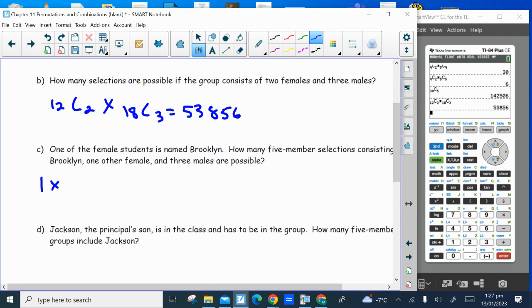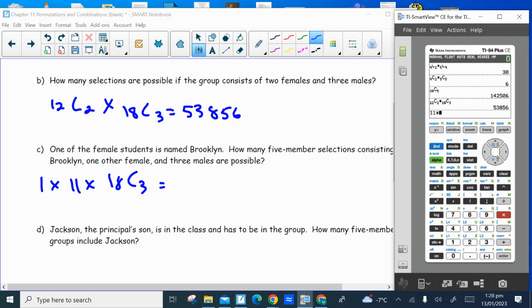We need 1 other, so that would be 11 choices for the remaining female. And then we're going to have the 3 males, which again is 18C3. So the answer to this one will just be 11 times 18C3. 1 times 11 is 11 times 18C3. 89,76.